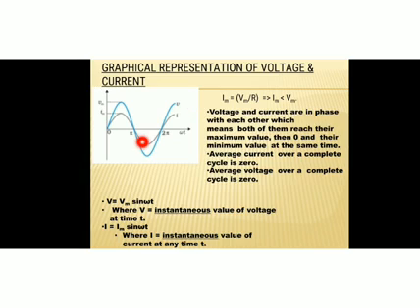This graph gives the variation of voltage or current with respect to time, or omega t, of a purely resistive circuit. So in a purely resistive circuit, the magnitude of current is less than the magnitude of voltage, hence the voltage peak will be higher than the current peak.